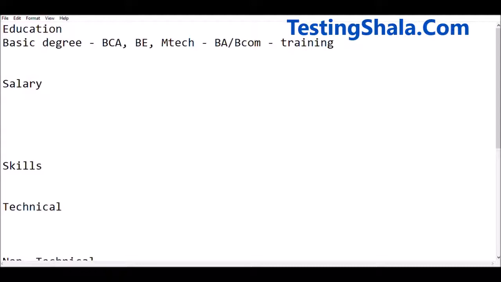People who got trained in software testing will also be taken as interns or contractors. Then after working for 2 or 3 years, they'll convert those people into their employees. So when you want to become a software engineer, you should hold some basic degree, which could be BA, BCom, BCA, BE or BTech.